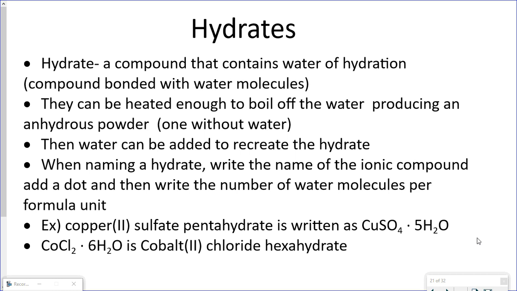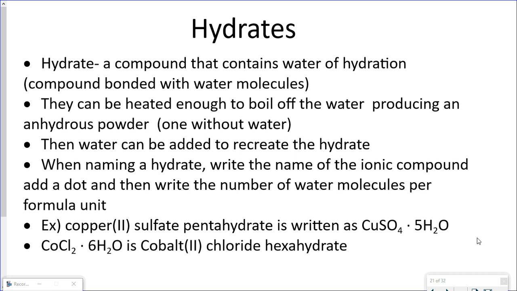You can also go the opposite direction and name these from the formula. So if we have CoCl2 dot 6H2O, CoCl2 is cobalt and chloride, but remember cobalt's a transition metal, so it needs the Roman numeral for the charge. So this is cobalt 2 chloride, and 6H2O, 6 is hexa, so it is hexahydrate.